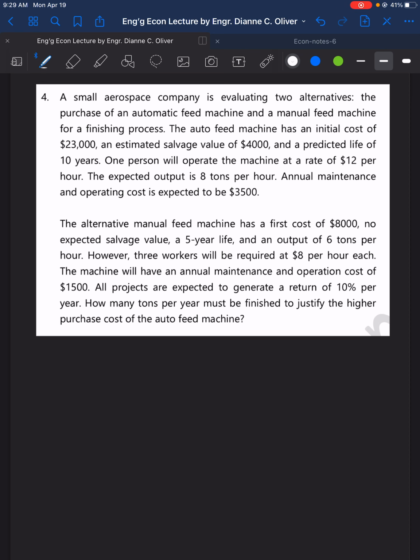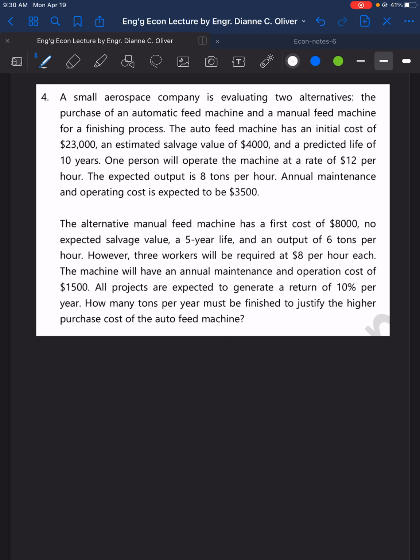The alternative manual feed has a first cost of $8,000, no expected salvage value, a 5-year life, and an output of 6 tons per hour. However, 3 workers will be required at $8 per hour each.